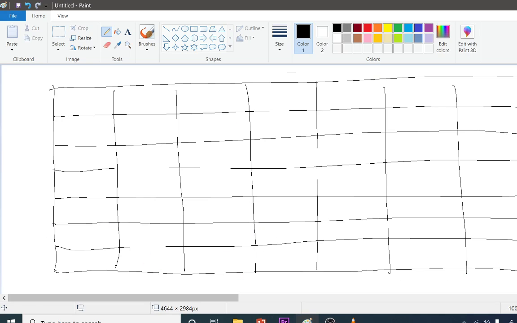Now, here is the no-show, here is the probability, and this is the number of overbooking. This is overbooking. Okay, this is the number of no-show.